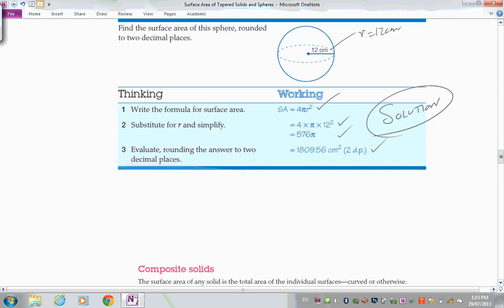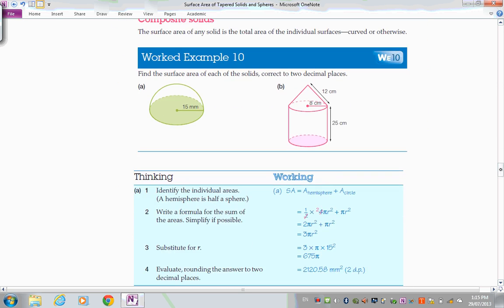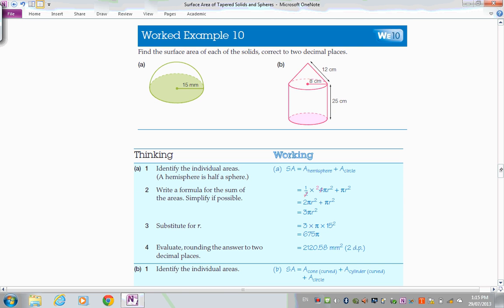Okay, come on down, and it's time to look at some composite ones and just be a little bit tricky with your net there. Have a look. This is a half sphere, isn't it? It's a hemisphere. So here, it's the area of a hemisphere plus the base circle down there.